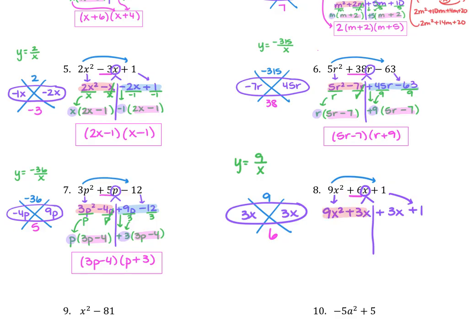I can see that these have a GCF of 3, but they also have an x in common. So I'm going to pull a GCF of 3x out, put that in front of my parentheses. 9x squared divided by 3x. Well, 9 divided by 3 is 3, and if I pull an x out of x squared, I'm left with x. And then 3x divided by 3x, anything divided by itself is 1.